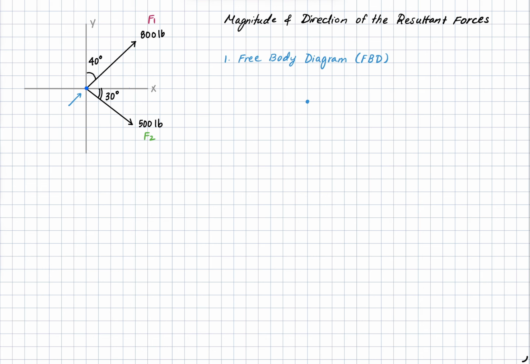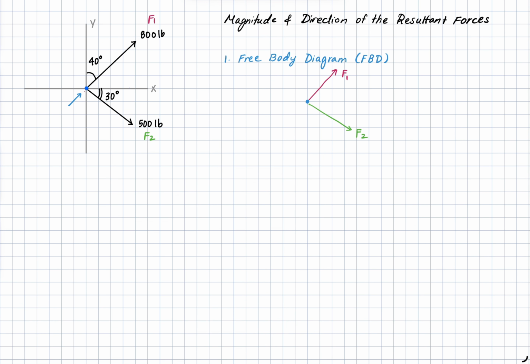Okay, now let's continue drawing our free body diagram. Looking at the origin, we know that our first force points in this direction, and our second force points in this direction. And that's it. Now we just have to label, so we can label this as force 1 and the green as force 2.